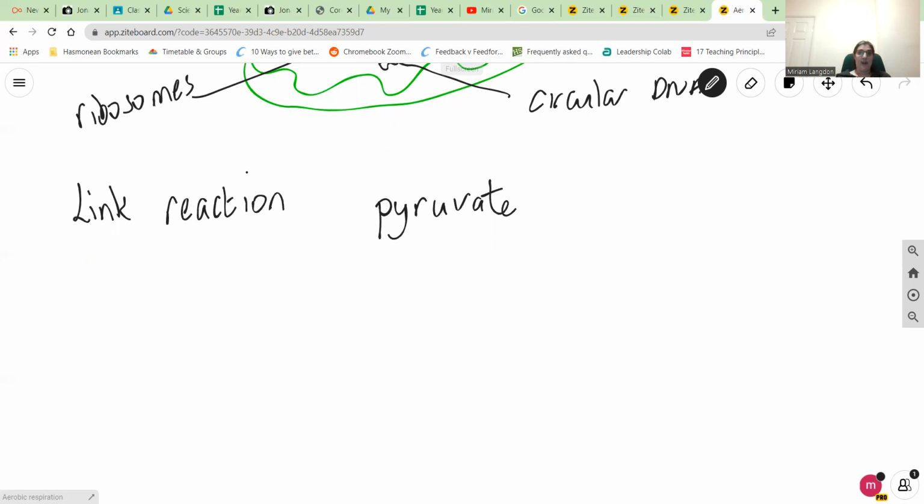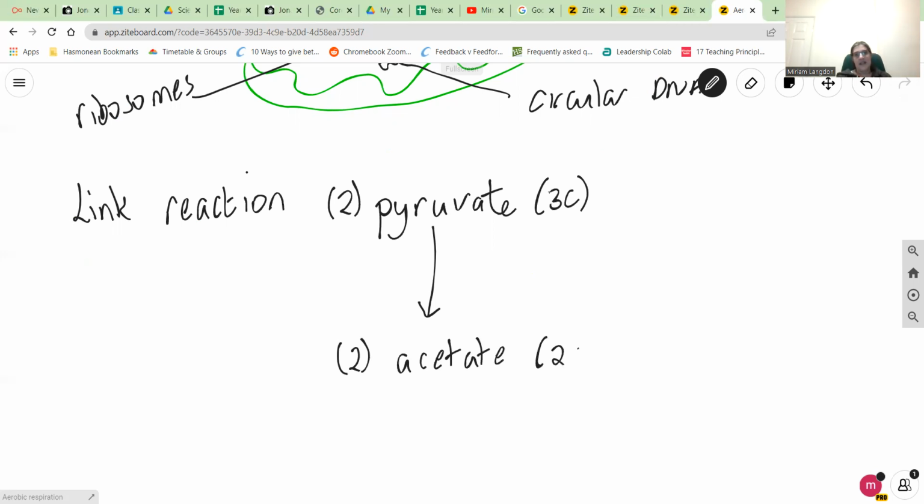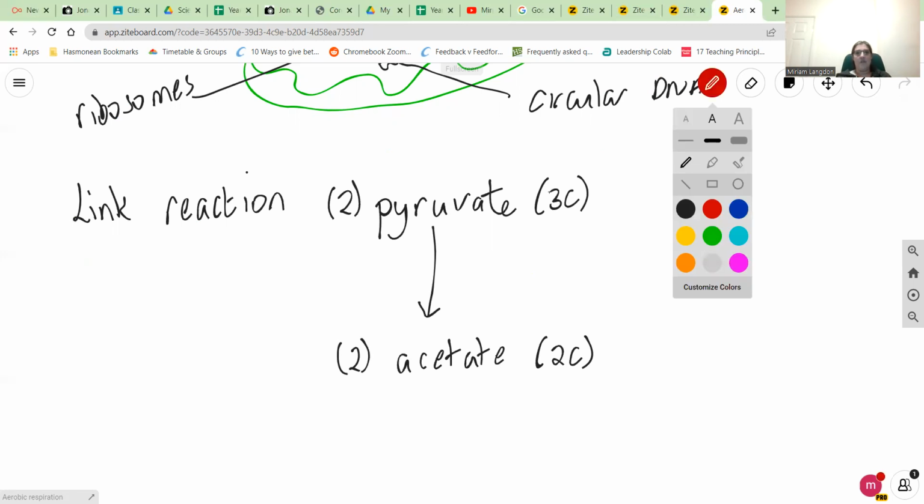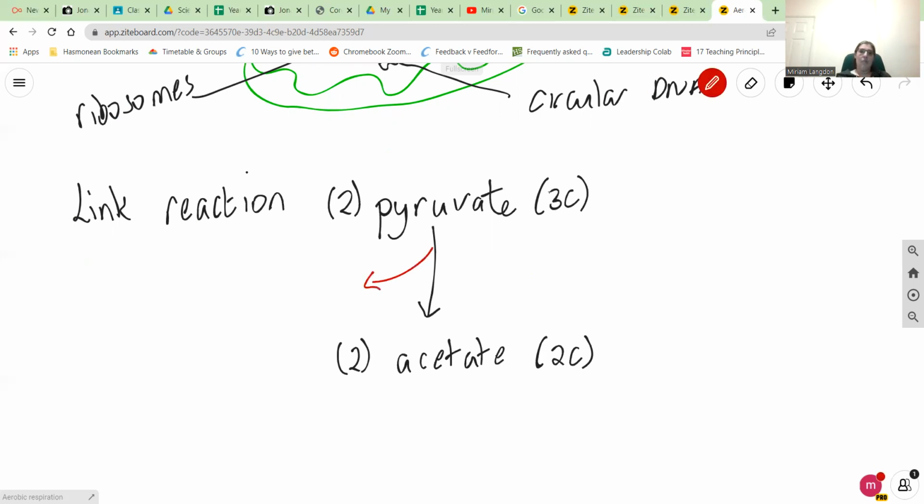So we have our pyruvate. Pyruvate, as we said before, was a 3-carbon compound. Pyruvate, and we've got 2 of them, is going to form acetate. Acetate is a 2-carbon compound, and therefore you must release those extra carbons as carbon dioxide, 1 for each molecule of pyruvate.